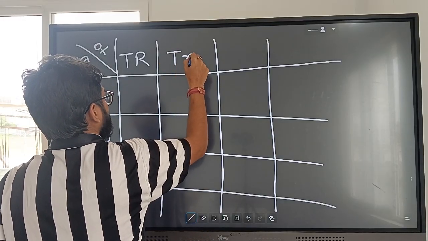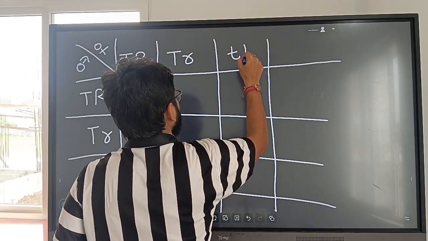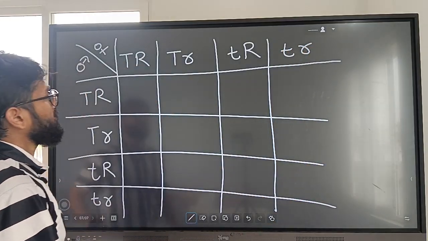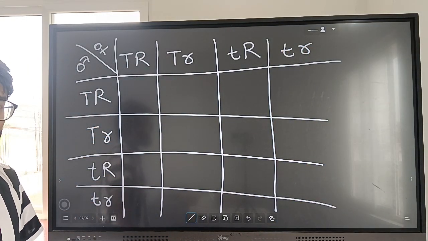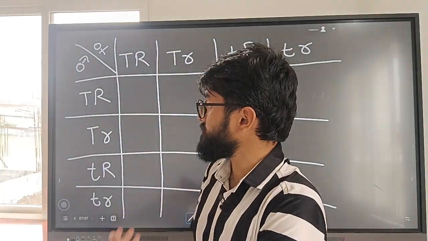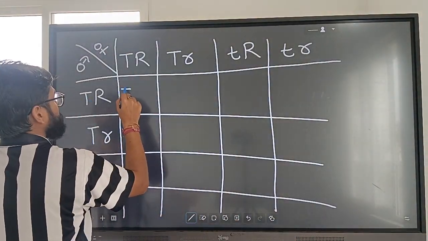I'm writing it the same way so that there is no confusion that these are gametes. Now we will simply have to make the possible combinations that will arise from this. So what are the possible combinations?